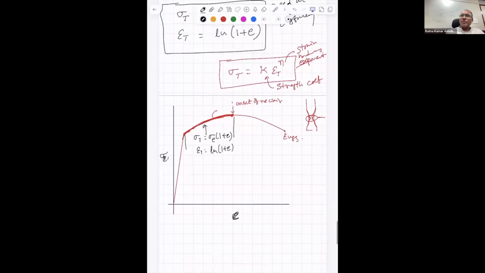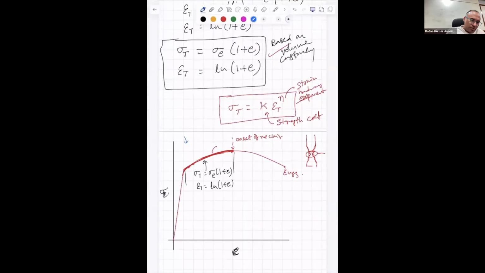Now if you plot the true stress strain curve on this graph, how does it look? The true stress is nothing but load by instantaneous cross-sectional area.